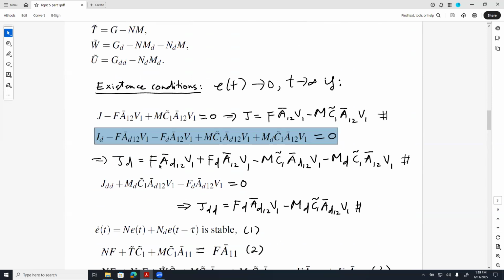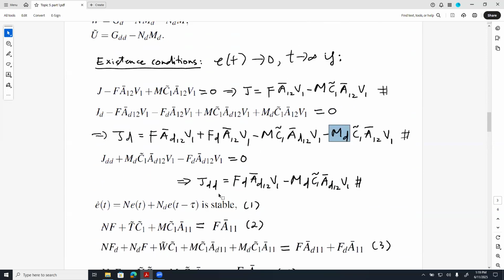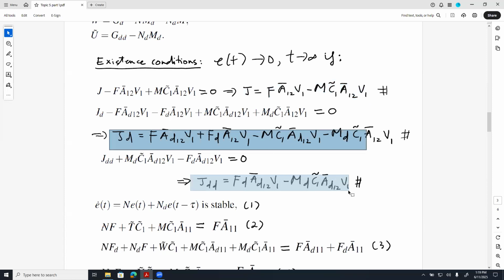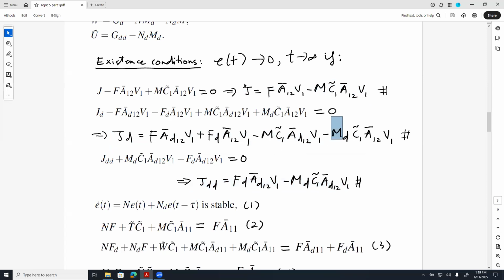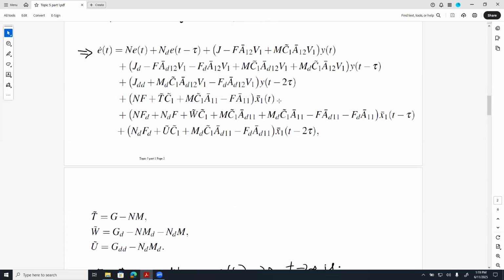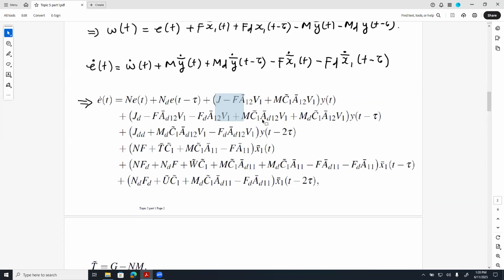From there, we can explicitly obtain JD in terms of this unknown matrix M and MD. And then lastly, the other matrix is in terms of MD. So that tells us that when we look at this expression and this expression, we need to find M and MD. If we know them, we explicitly obtain JD and JDD. So from the expression from here up to here, that is straightforward.